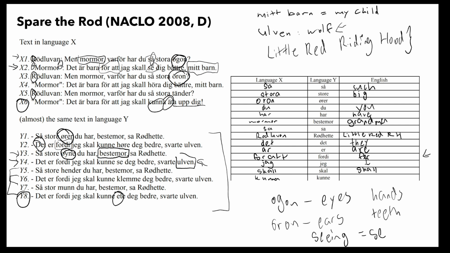Again, over here we have kuna here. Kune is down here, right? Can. I'm pretty sure this is can, right? Because it's the grandma finally is like, they're better for I shall. They're better for I shall can eat you up. Eat up you.